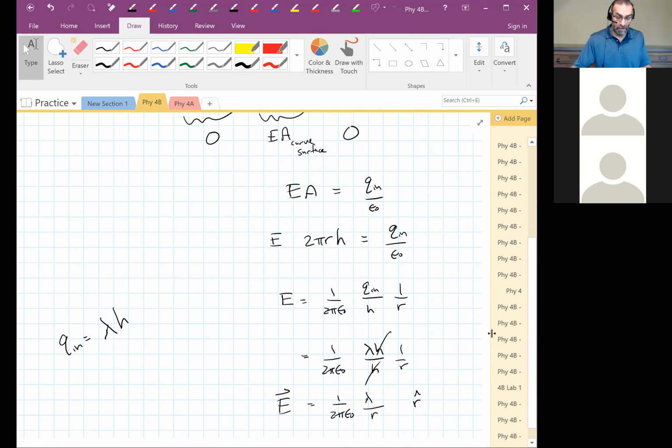All right. So with cylindrical symmetry, like we have here, we use this. Q is lambda h, regardless of whether it's a line charge or a cylinder. Sometimes it's a cylinder, right?